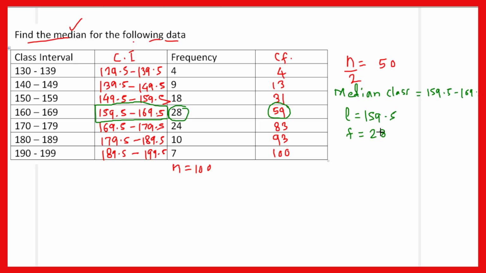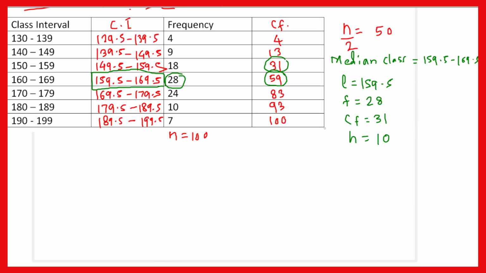After that we take the cumulative frequency just before that of the median class. So cumulative frequency, cf, is equal to 31, and then we require height. Height means the difference between these two, upper limit minus lower limit, and that difference is 10, so h will be equal to 10.